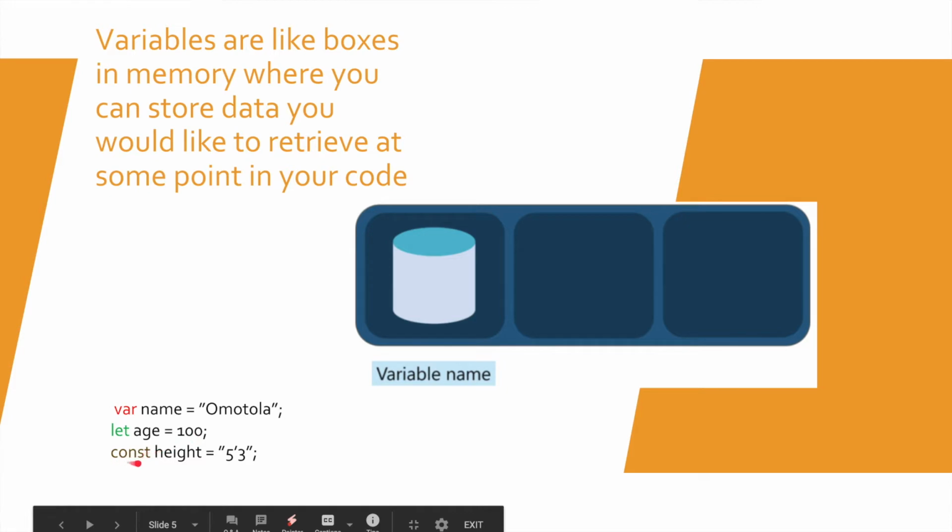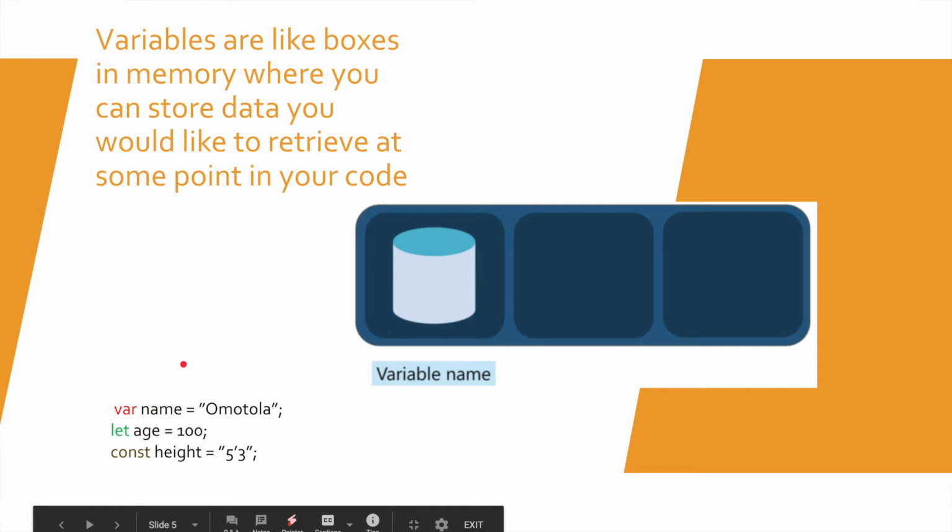And then we have the final keyword here, which is const. This keyword const has a variable name called height. We can name it whatever we want, and we've passed in a string as well.